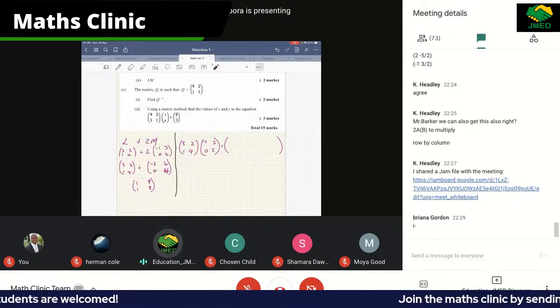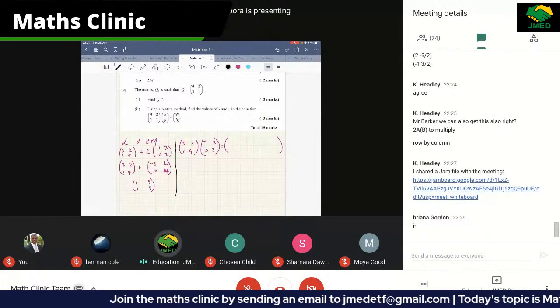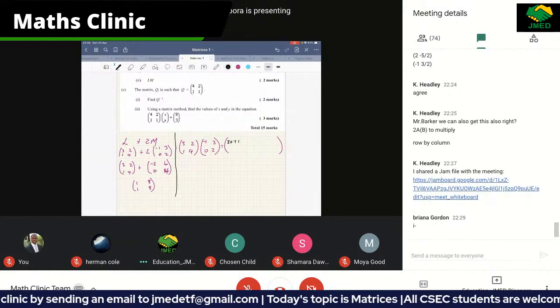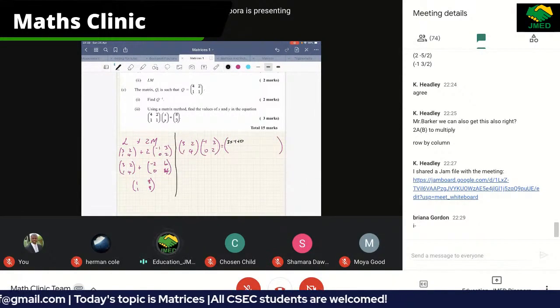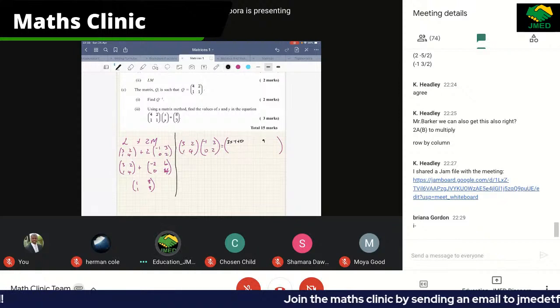So we're going to do row by column. We're going to do 3 times negative 1 plus 2 times 0, which is 0. 3 times 3, which is 9. 2 times 2, which is 4.